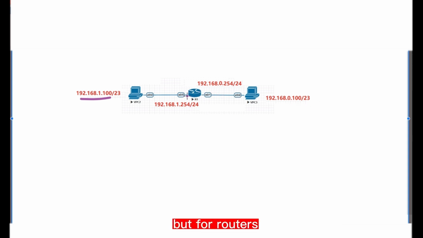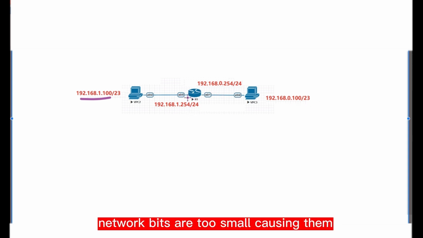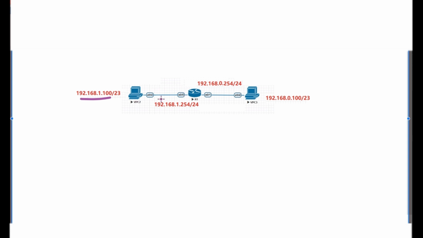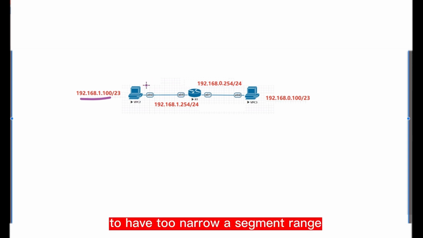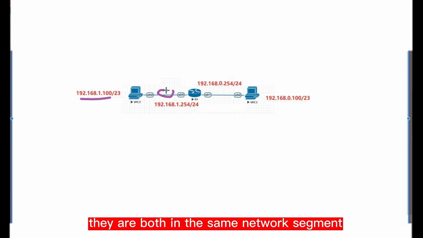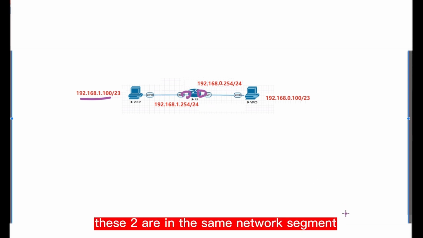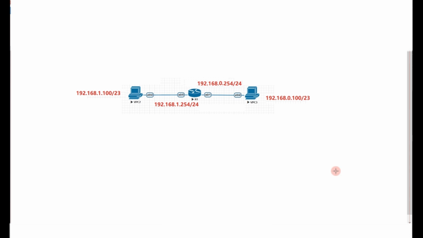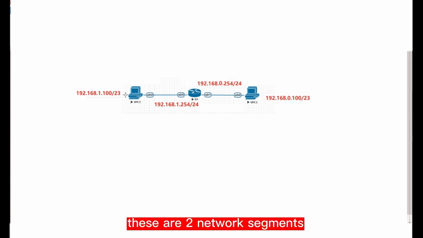But for the router, the network bits are the right length, giving a narrower segment range. In theory, they are both right. These two PCs are in the same network segment, and for the router, these are two network segments.